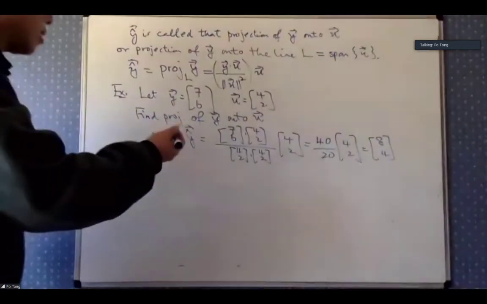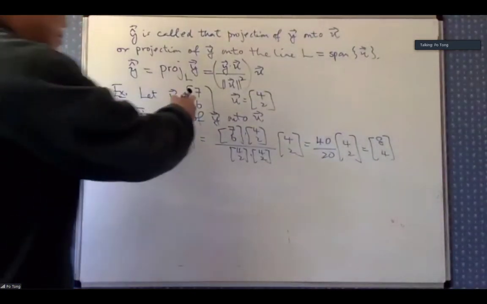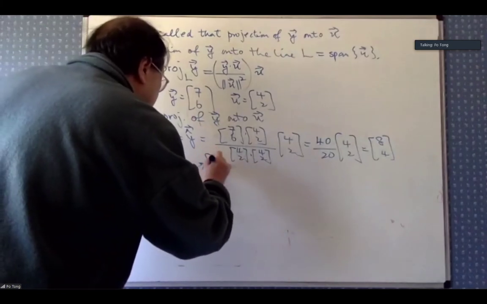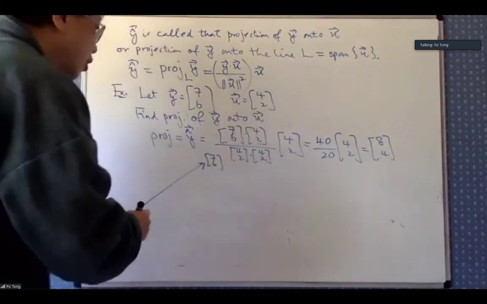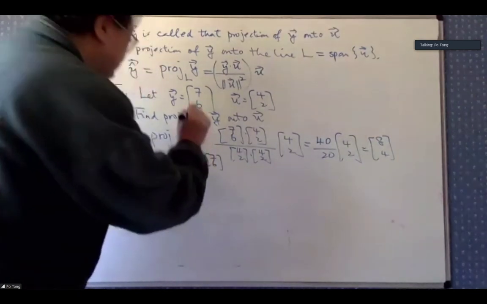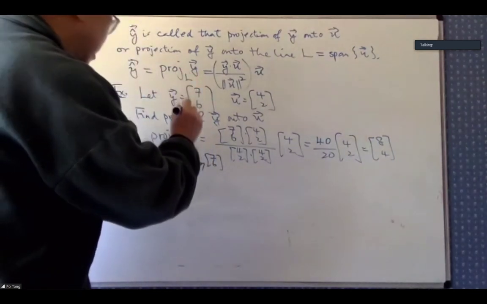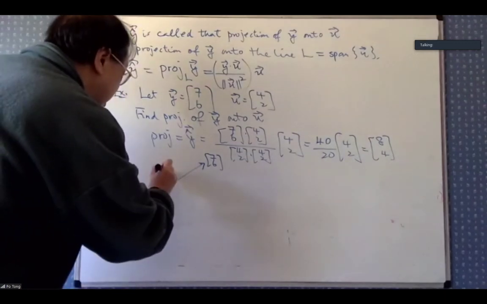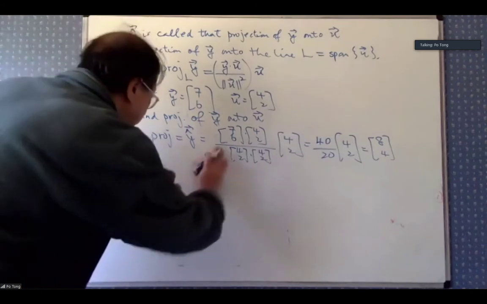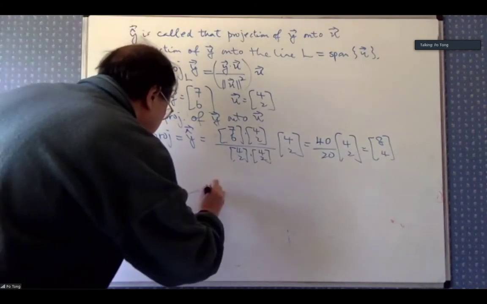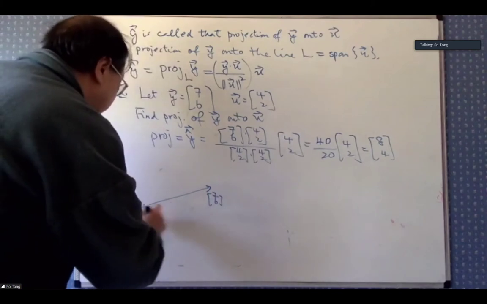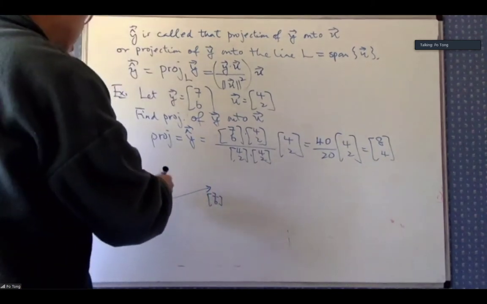So basically this is what happened, guys. You have 7, 6 here, and you have a 4, 2, which is somewhere like this. Okay, let me redraw it a little bit nicer.